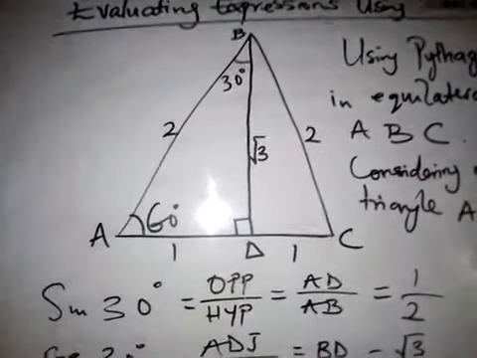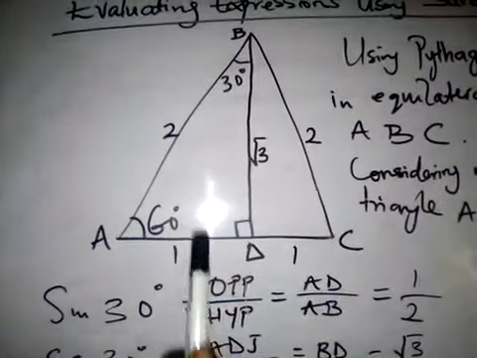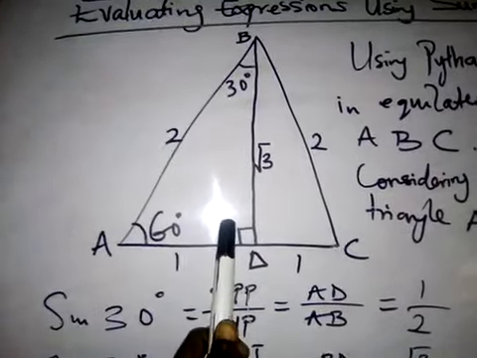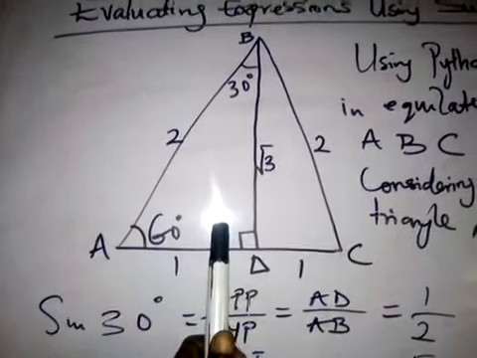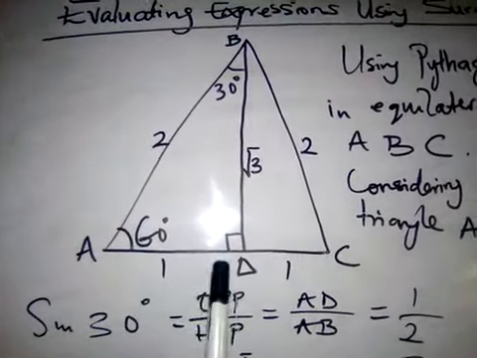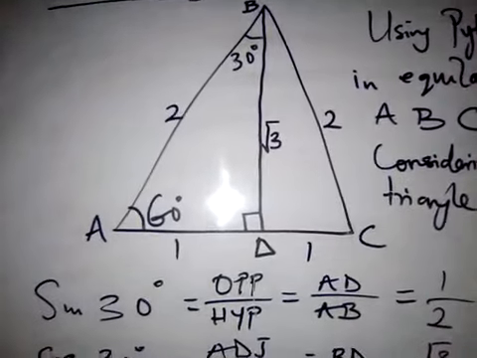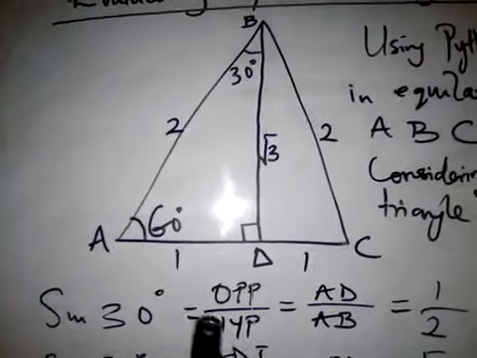You can only get this in a what? In a right angle triangle. You can only get opposite, hypotenuse, adjacent in a right angle triangle. You can visit some of my previous videos in this channel to know how to deal with questions relating to right angle triangles, trigonometry basically.